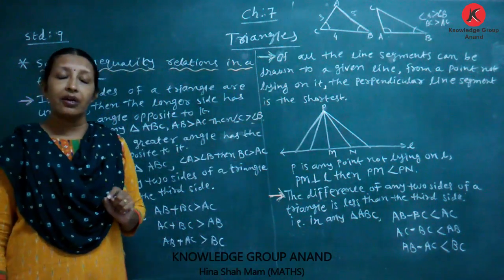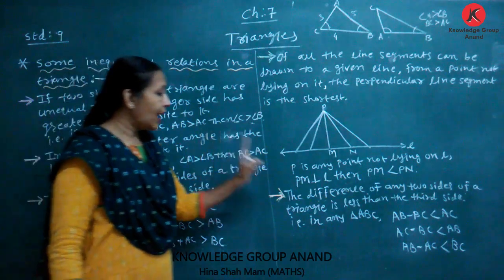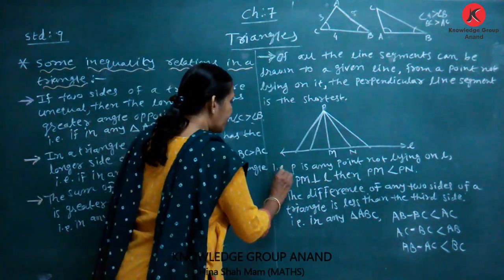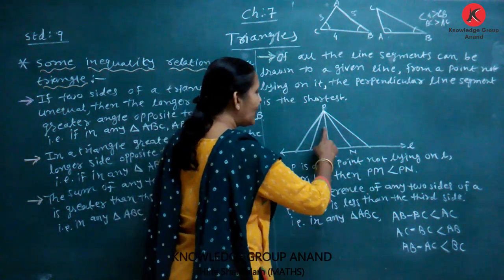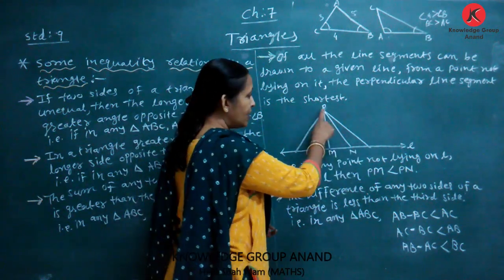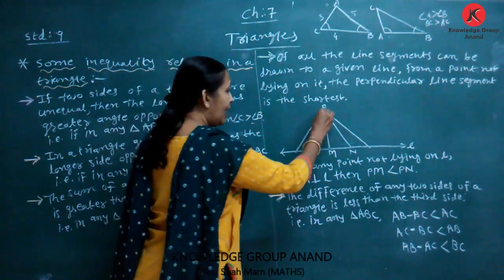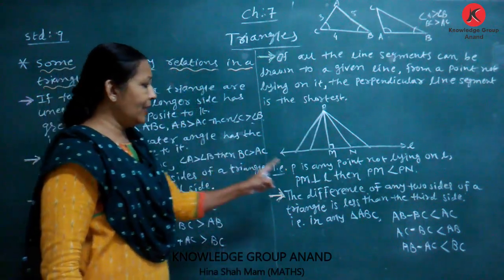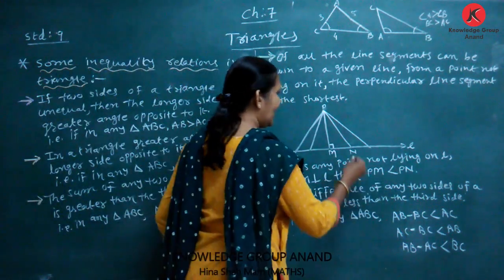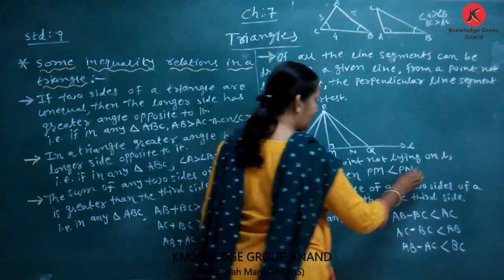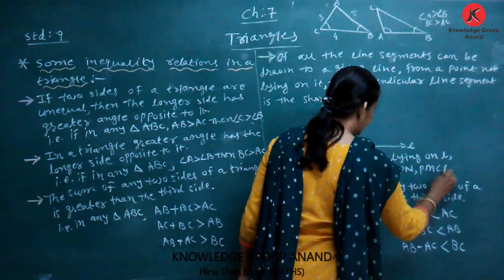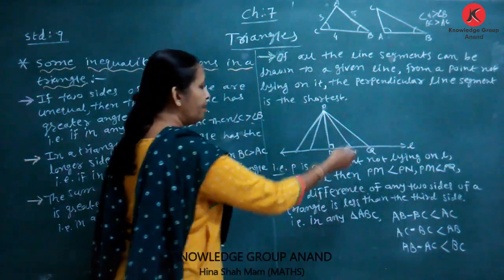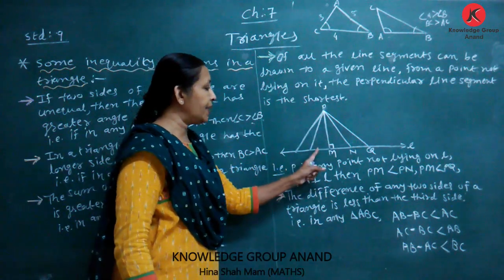That is, P is any point not lying on L. If PM is perpendicular to L, then PM is less than PN, and PM is less than PQ.